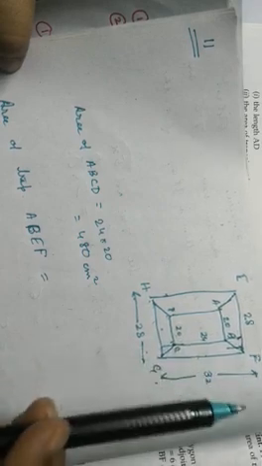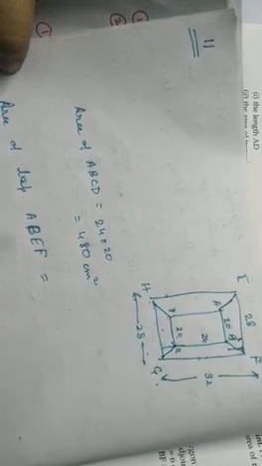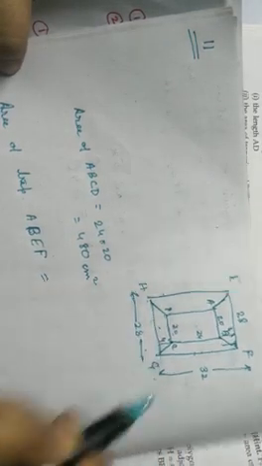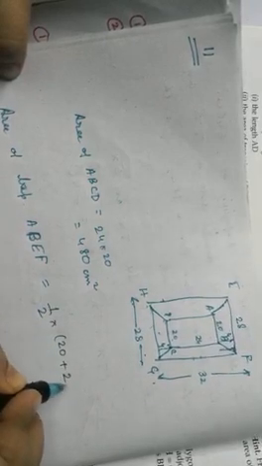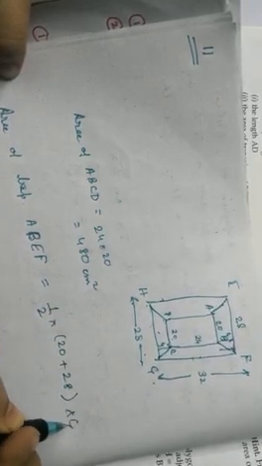So these trapeziums have a height of 4 centimeter. So area of trapezium ABEF is going to be half into 20 plus 28 into 4. So 2 2s are 4. This is 48 into 2 is equal to 96 centimeter square.